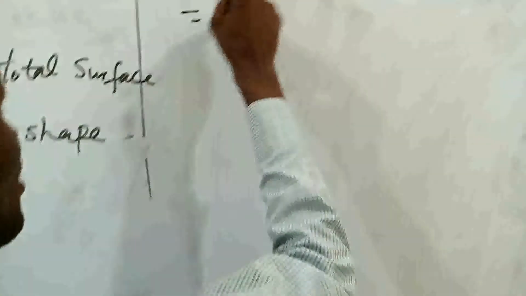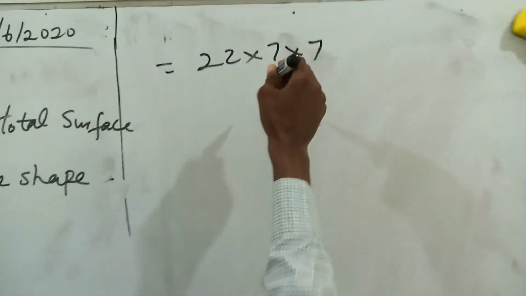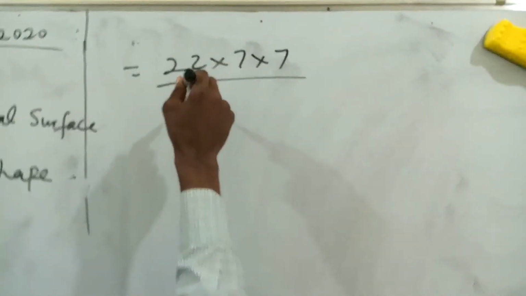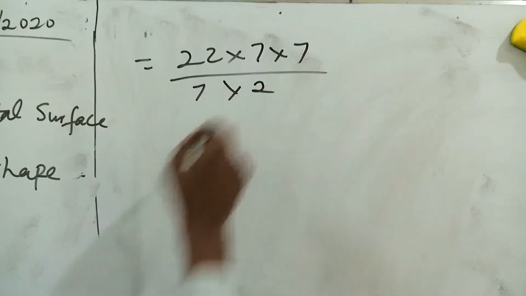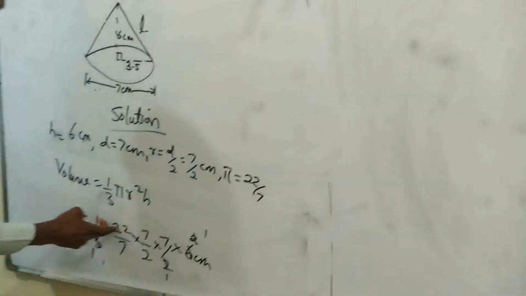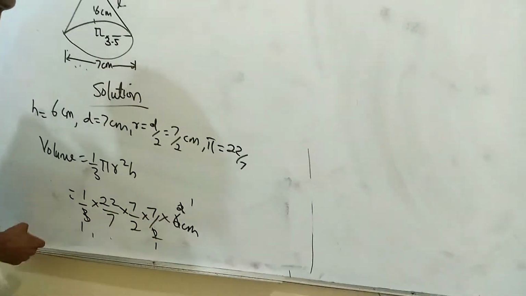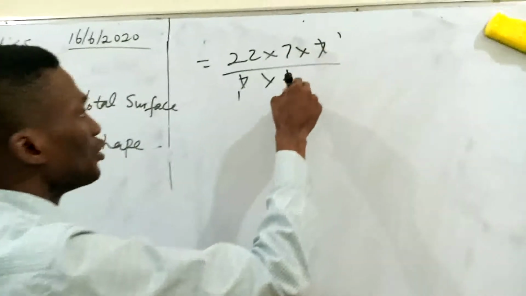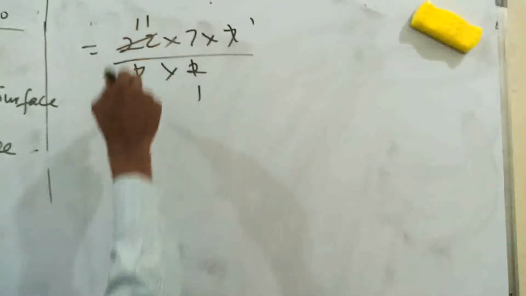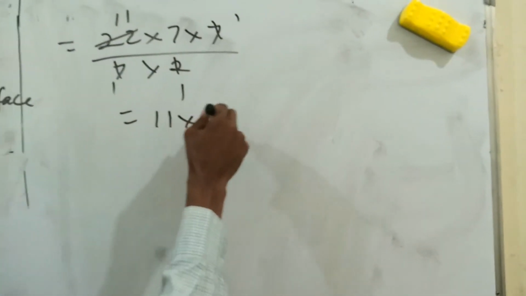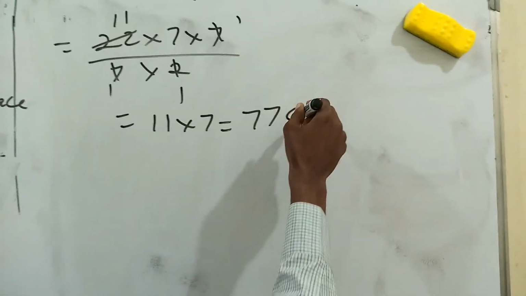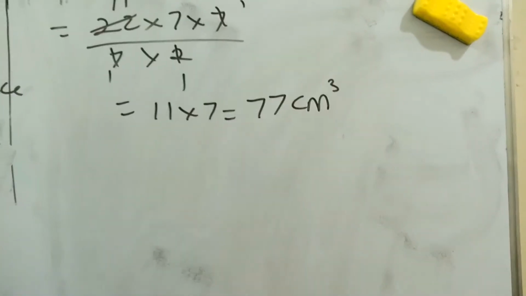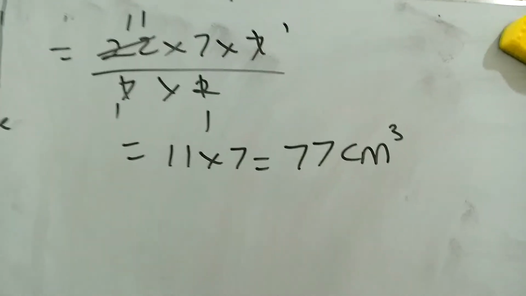We are left with 22 times 7 times 7 all over 7 times 2. 7 will cancel 7 one time. 2 into itself is 1. 2 into 22 we have 11. We have 11 times 7. That will give us 77 cm cube. So the volume of that cone is 77 cm cube.